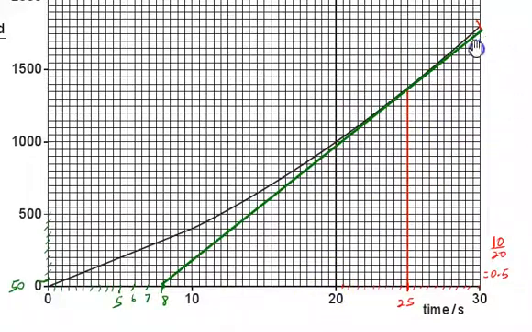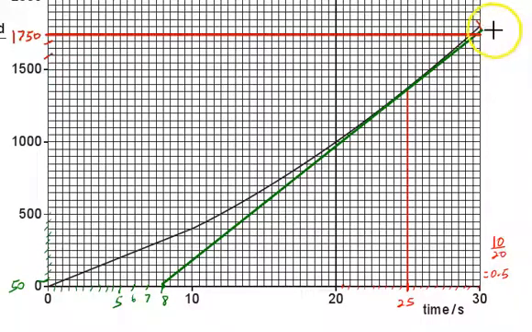Now we calculate. Taking this coordinate here, this is 1600, 1700, so this is 1750.